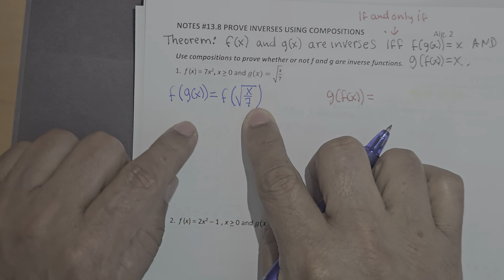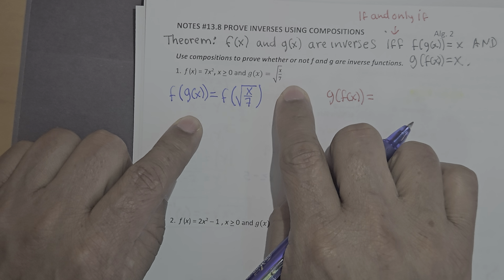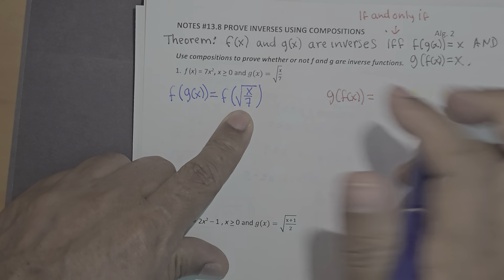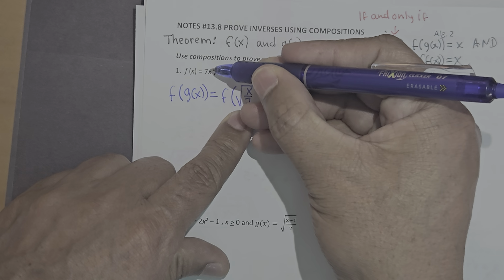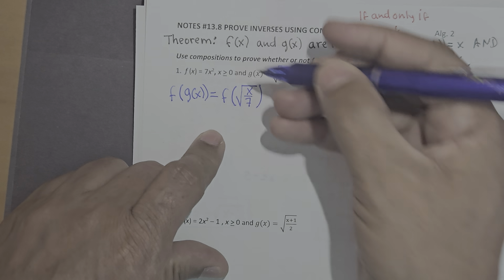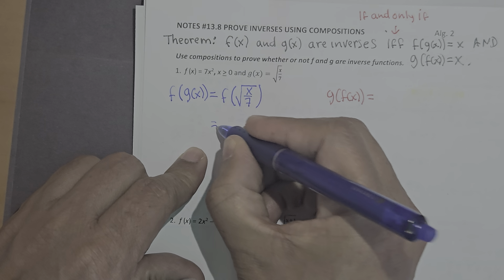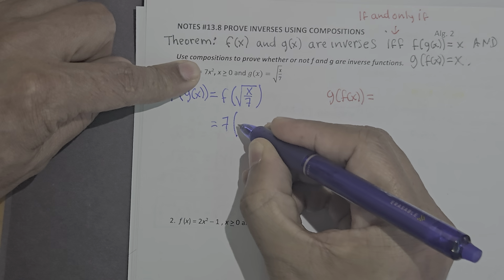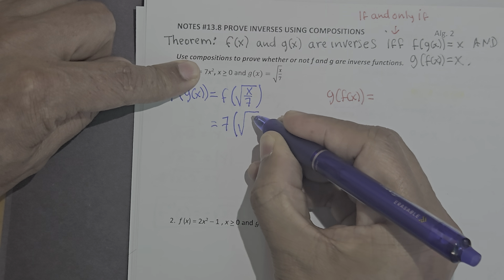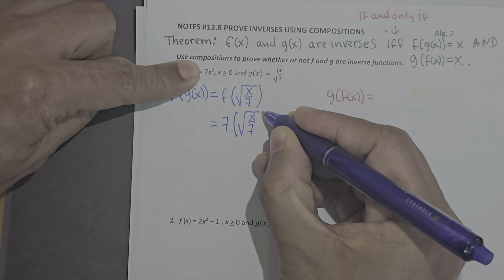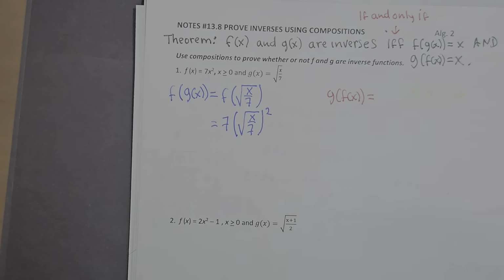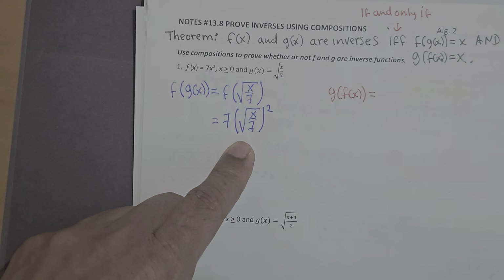Once we copy g of x in here, pay attention to what the function f is going to do to this. First, it's going to multiply by 7, and then it's going to take the square. So here comes that 7, and then open parentheses. Inside the parentheses, you have the square root of x over 7. But when you close the parentheses, you must take the square.